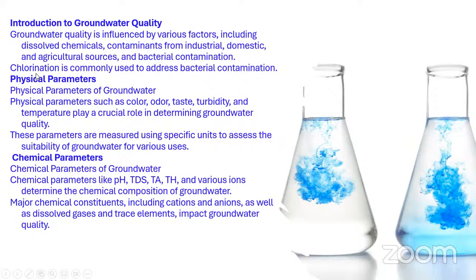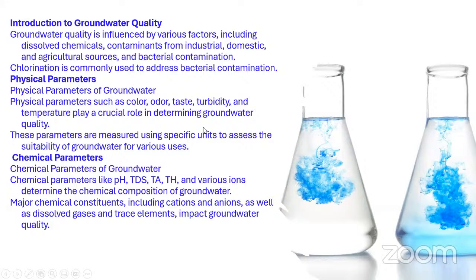These are some physical parameters which affect the groundwater quality. Physical parameters such as color, odor, taste, turbidity, and temperature play a crucial role in determining the groundwater quality. These parameters determine the quality of the groundwater.